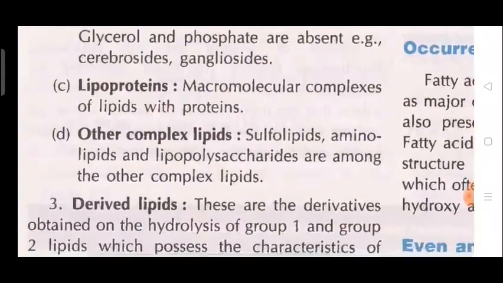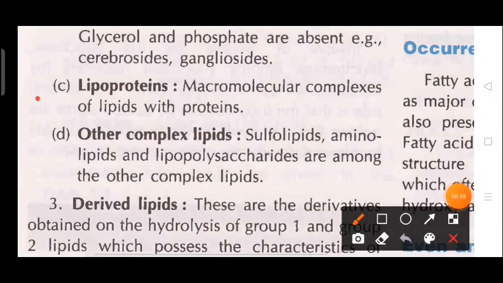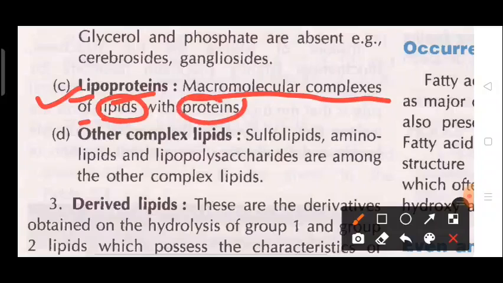The next one is lipoprotein. Lipo and protein: macromolecular complexes of lipid with protein. Understand what is the meaning of the name. The last one is other complex lipids.